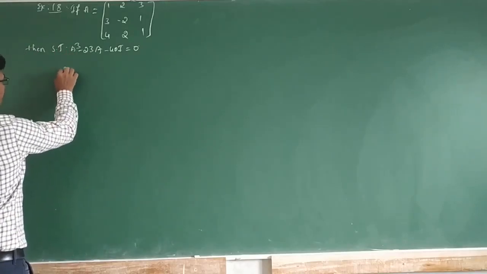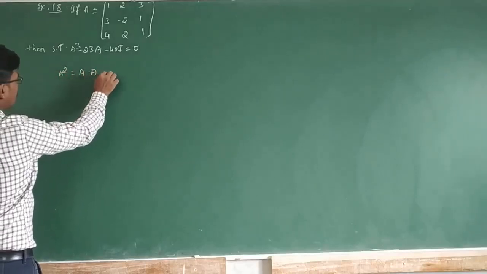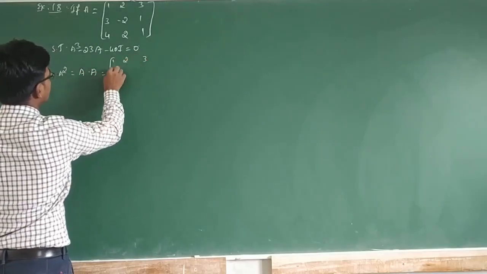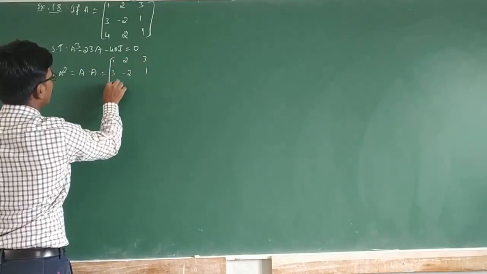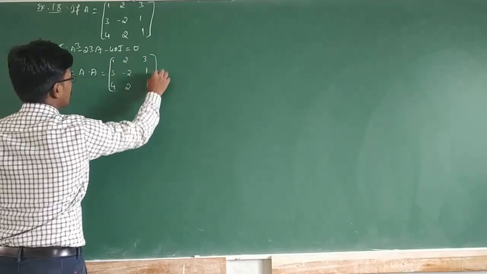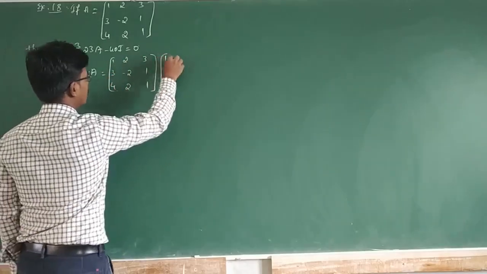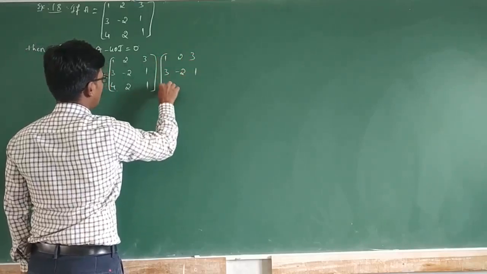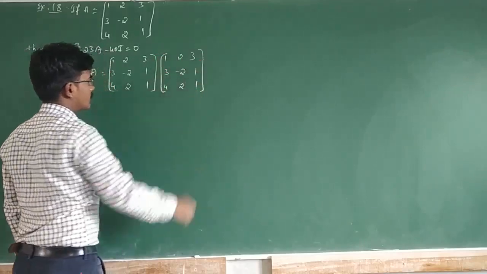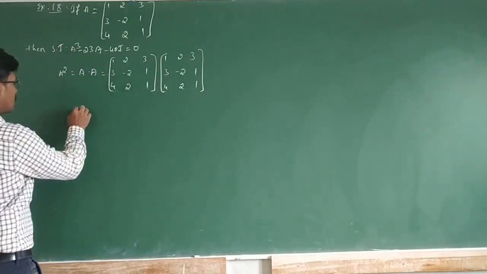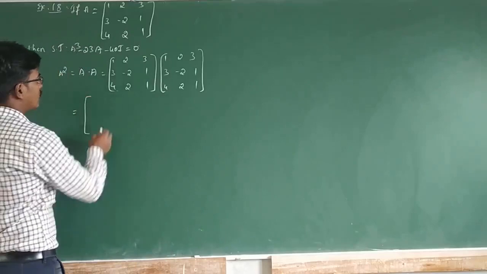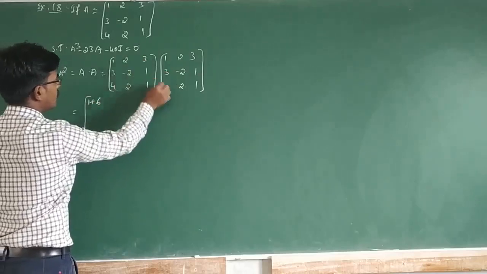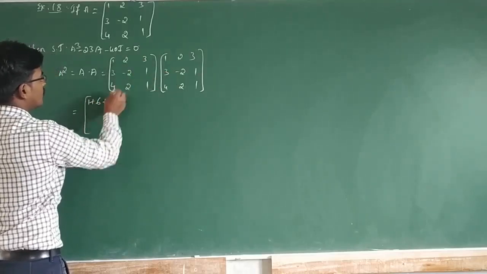So A square is equal to A into A. Matrix A is 1, 2, 3, 3, minus 2, 1, 4, 2, 1. We multiply matrix A with itself, same procedure: row into column multiply. 1 into 1 is 1 plus 2 into 3 is 6, 3 into 4 is 12, first column completed.